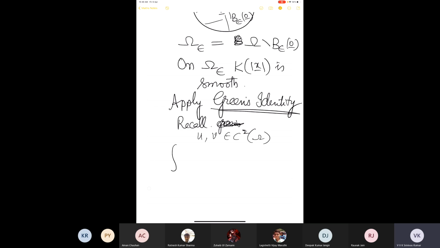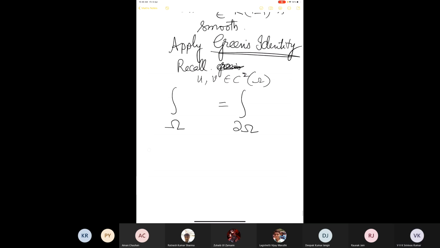It has to do with the integral on the domain being equal to an integral on the boundary. How did we get this? We used the divergence theorem, which has f bar dot n cap on the boundary and divergence of f bar on the domain.